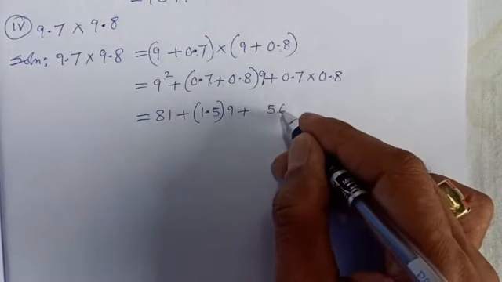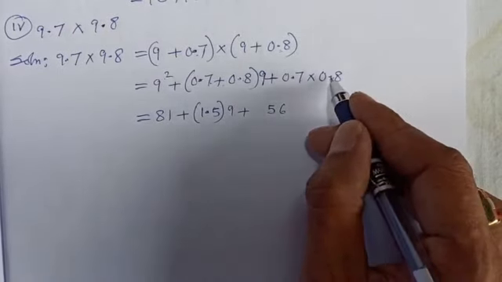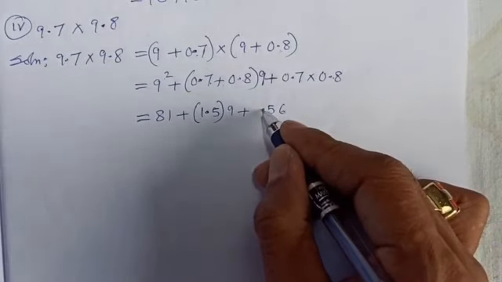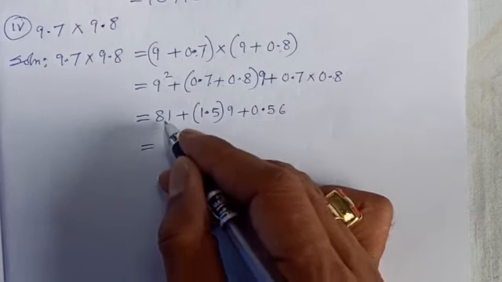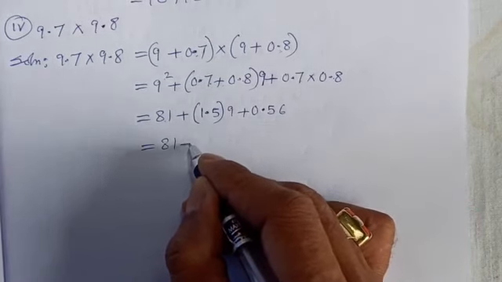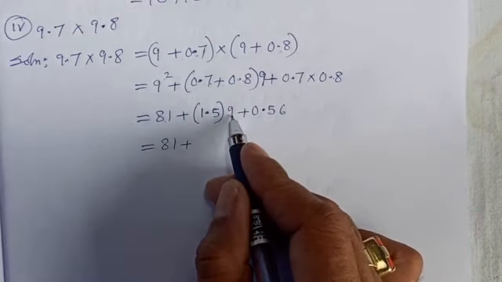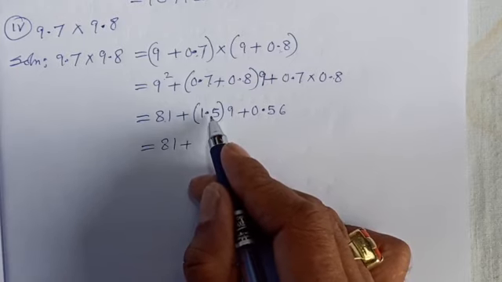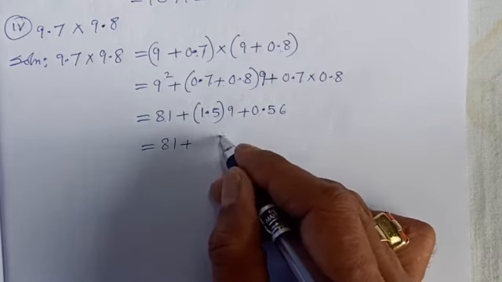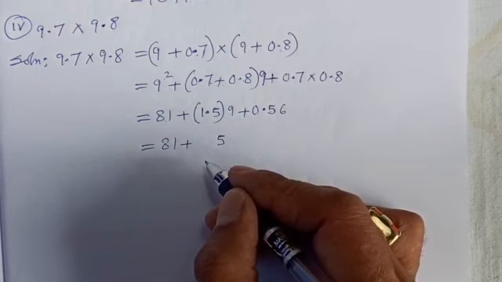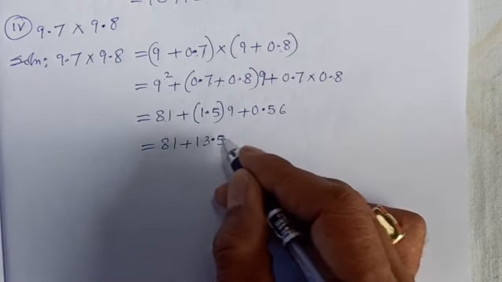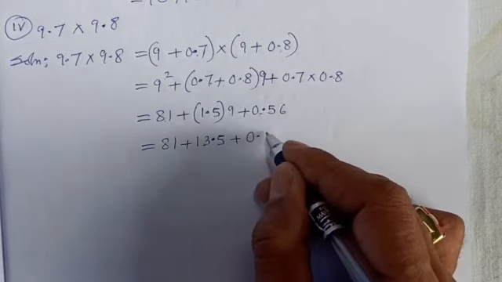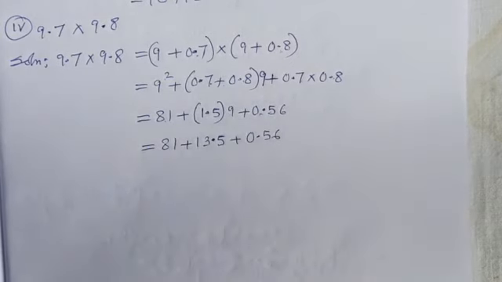Here is 1 decimal place, here is 1 decimal place, all together 2 decimal places. That means it will be like this, 0.56. Next, 81 plus this 9, let us multiply this 1.5. 9 5 times is 45, 9 1 times is 9, 10, 11, 12, 13. We are getting this. Then plus this 0.56.